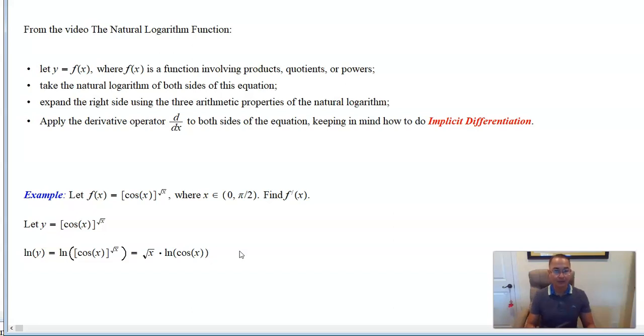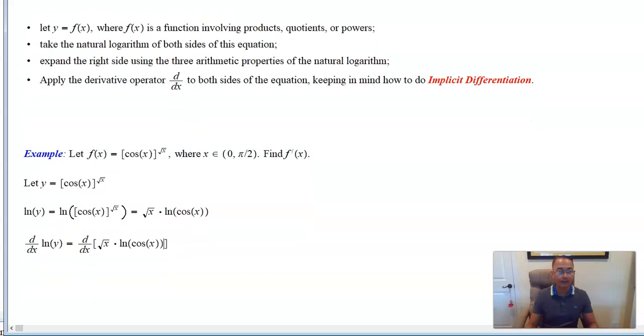We are now ready to take the derivative of both sides of this equation. So I will put d by dx on the left and on the right. On the left, we have ln of y. On the right, we have square root of x times ln of cosine x. Let's put brackets here, since we're taking the derivative of that product.